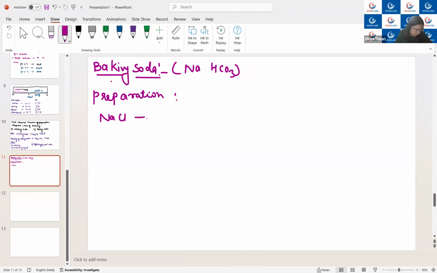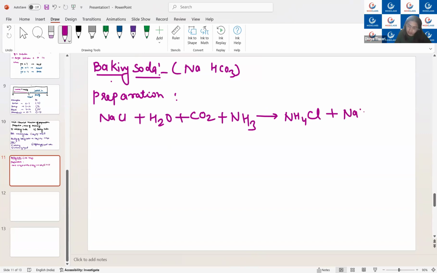Now we will write down the reaction for preparation. NaCl reacts with water along with carbon dioxide. Also, ammonia gas will be passed through the chamber. So after this we will have NH4Cl, which is ammonium chloride, plus NaHCO3 formed.